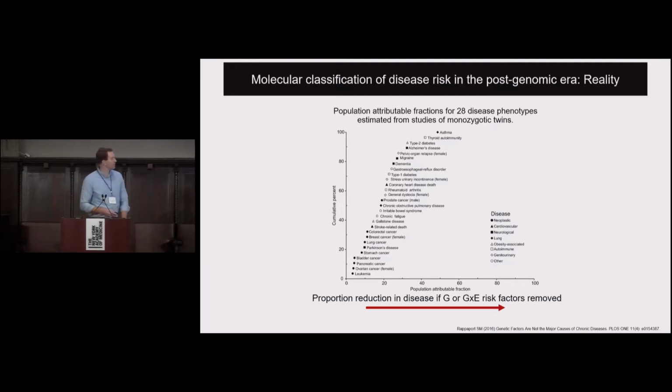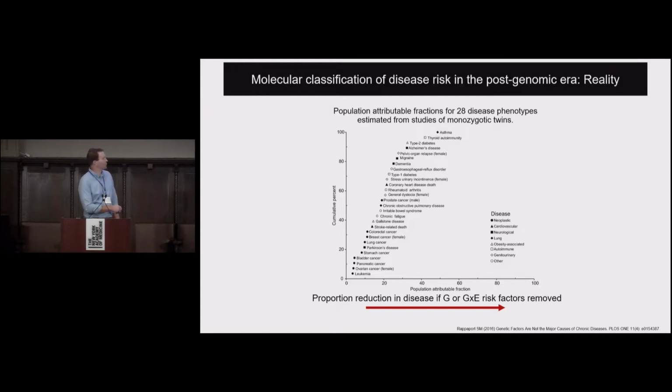A very good example of this was from a paper published by Steve Rappaport about 6 years ago, where he looked at population attributable fraction for chronic diseases in monozygotic twin studies. This population attributable fraction is essentially the proportional reduction in the prevalence of a disease if you account for some risk factor.